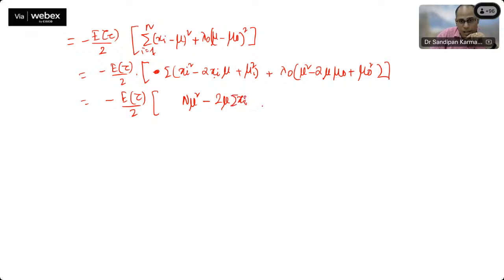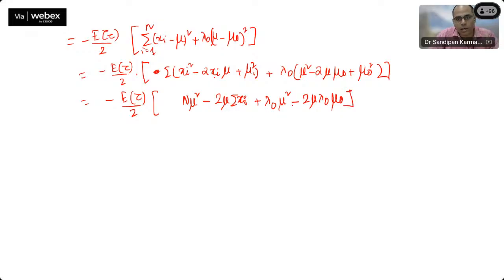The mu naught square will not be required because it is a constant and does not contain mu. So this will be lambda naught mu square minus 2 mu lambda naught mu naught.